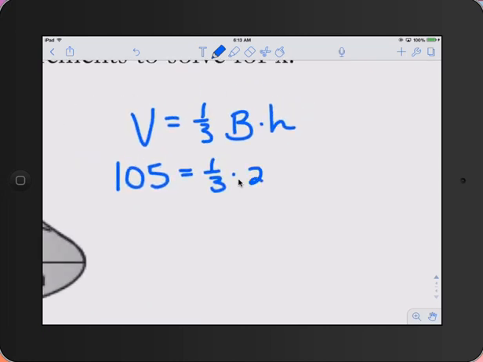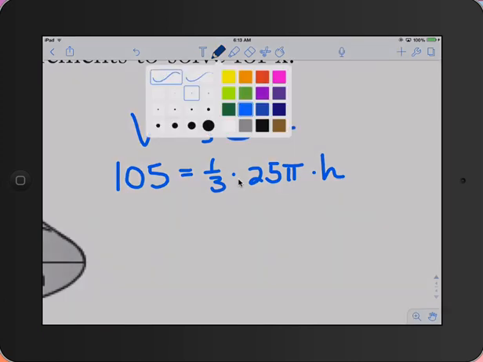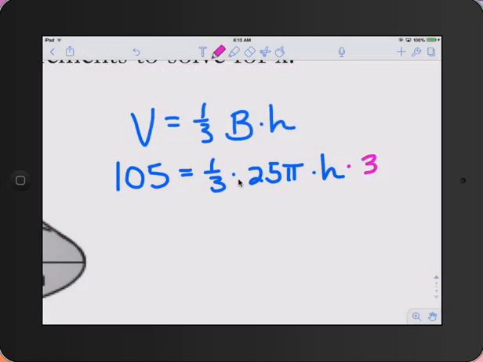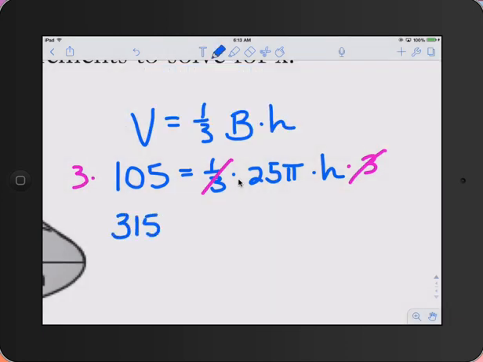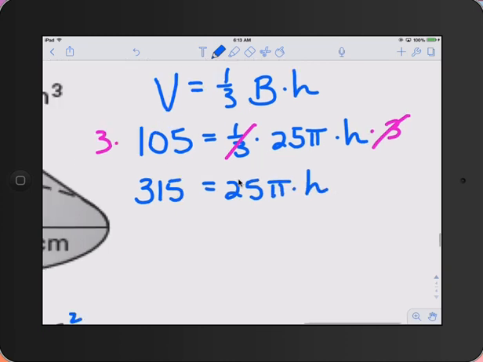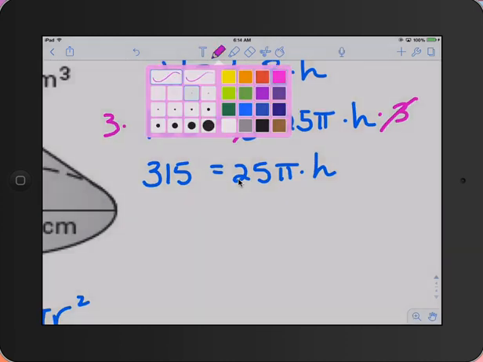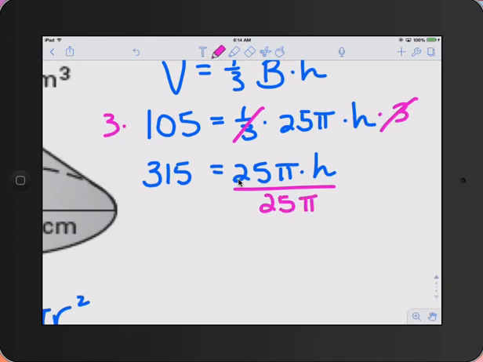So 1/3 times 25 pi times the height. I'm going to multiply both sides by 3 to get rid of that 1/3. So that's 315 equals 25 pi times h. And then divide both sides by 25 pi.